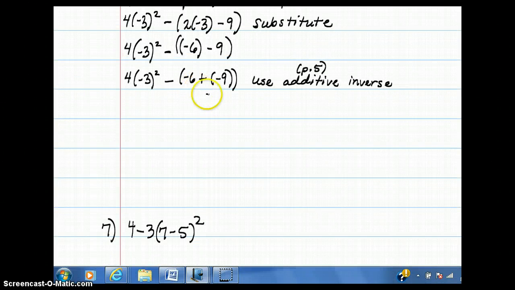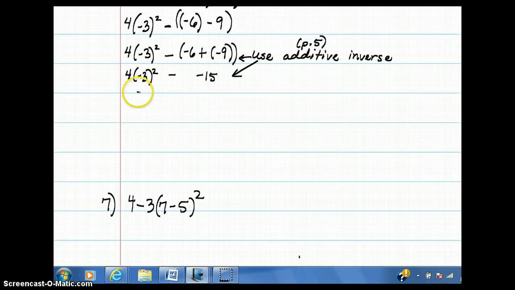Okay, so -6 plus -9 is -15. We're bringing down the subtraction, and we're also bringing down the 4 times -3 squared. Now what you need to consider right now is that, again, we have this subtraction and a negative. Remember, subtraction is the same as adding the opposite. We're going to use the additive inverse to do that. So let's go ahead and do that again.